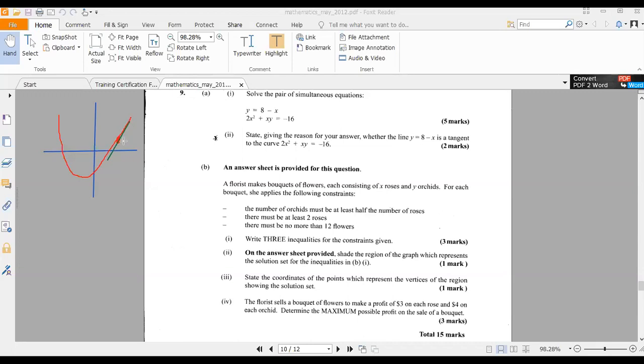Okay, I'll fix this. For argument's sake, the line is supposed to touch here.